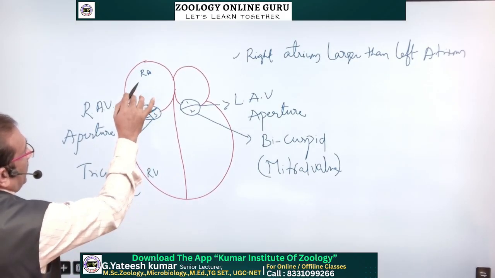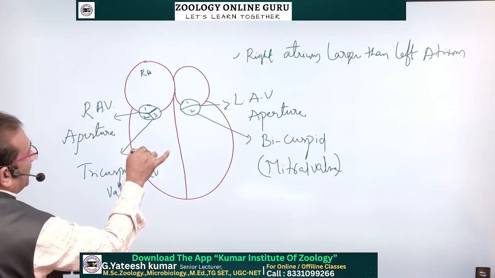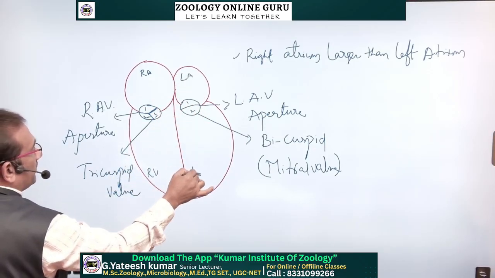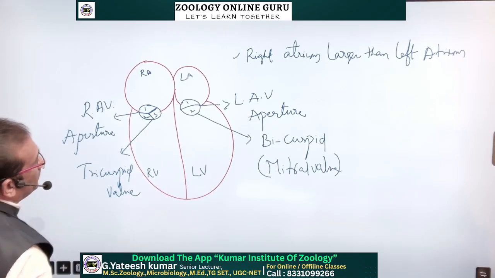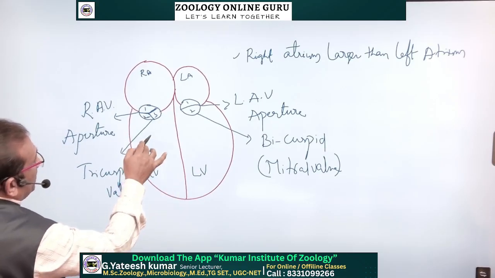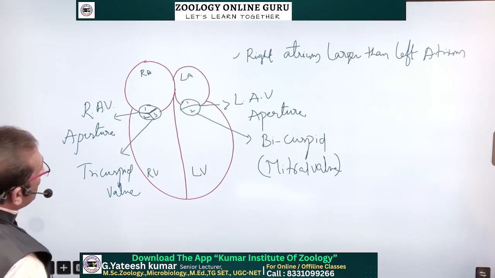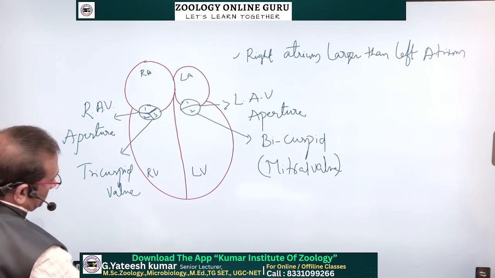So the right atrium opens into the right ventricle, and the left atrium opens into the left ventricle, by the tricuspid valve here and the bicuspid valve here. Another valve is also present here.